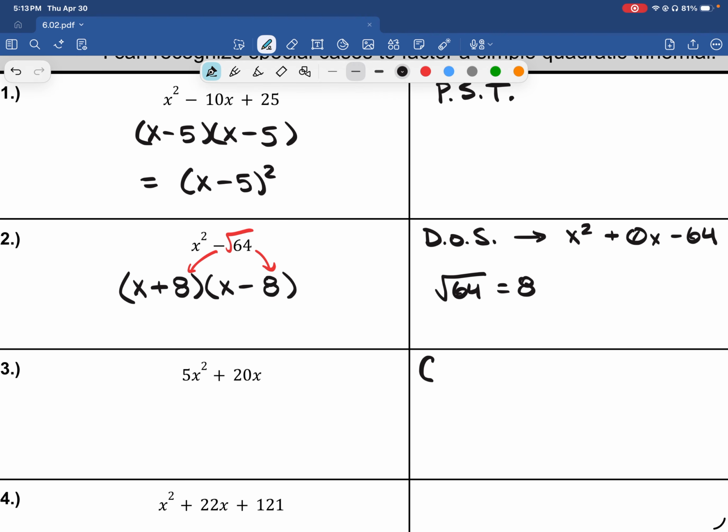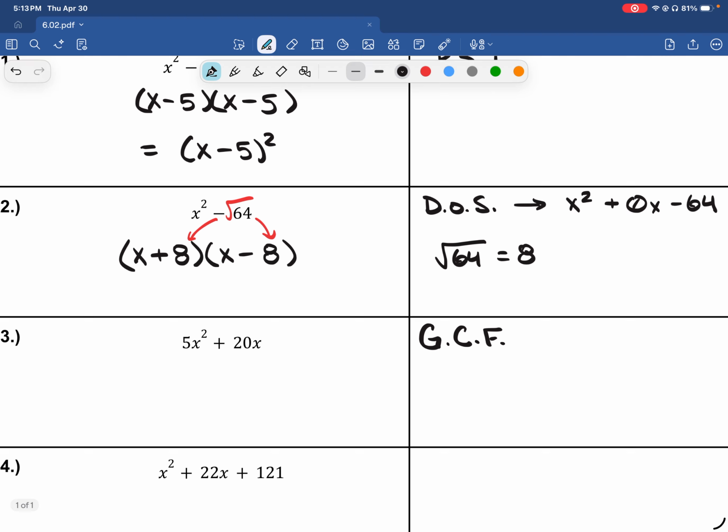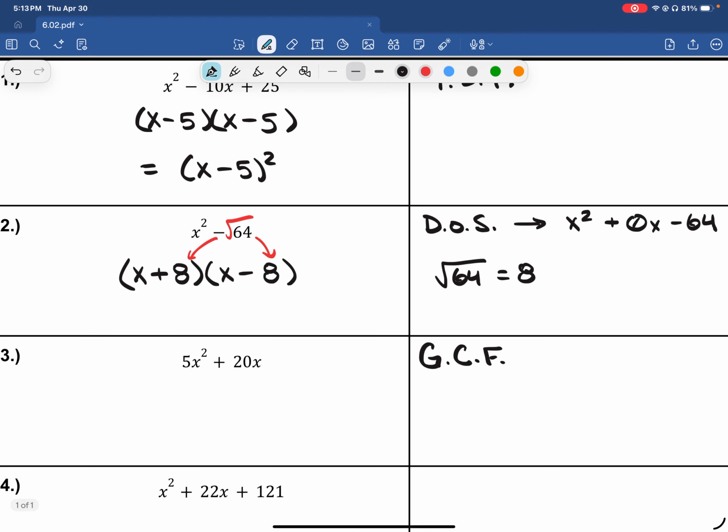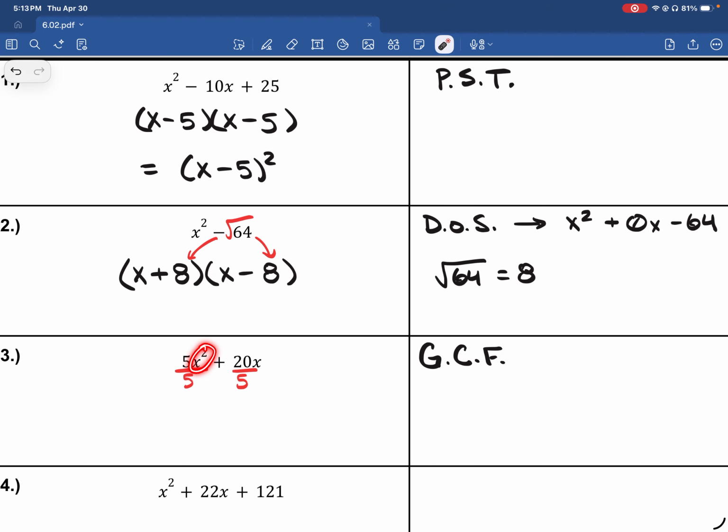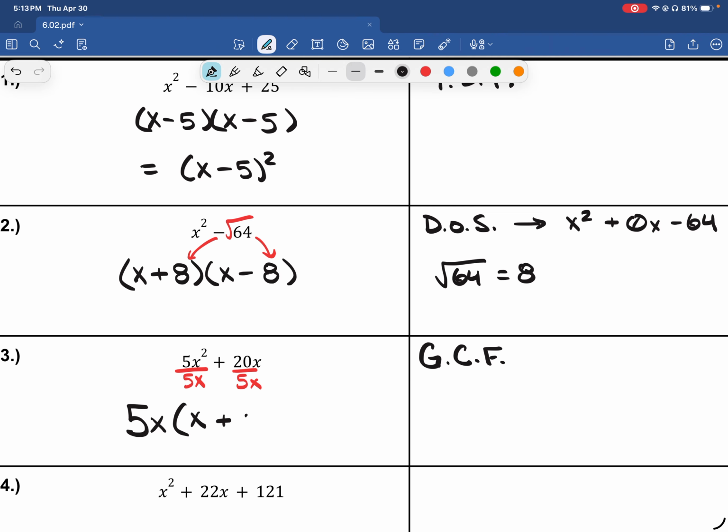Number 3 has a GCF. The way I know that, first and foremost, both of these numbers are divisible by 5. But they also have an x. So I can divide a 5x out and rewrite this as 5x times x plus 4, where 5x is my GCF and x plus 4 is just what's left over.